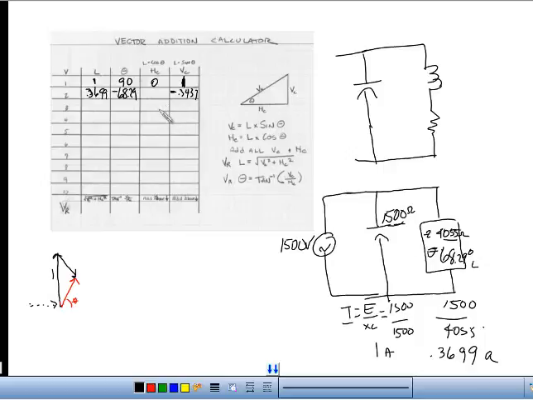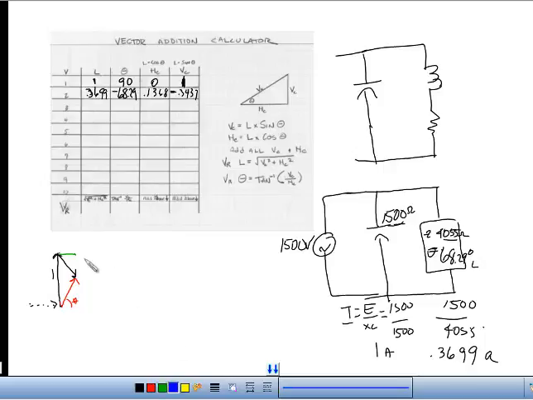The horizontal component is going to be the length times the cosine of the angle. We expect it to be a little less, and it is. It's 0.1368. You see that? We're going over 0.1368.